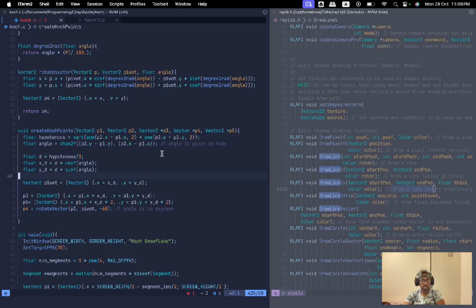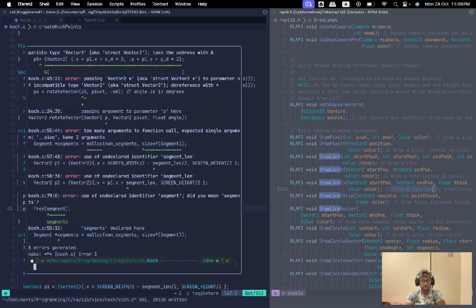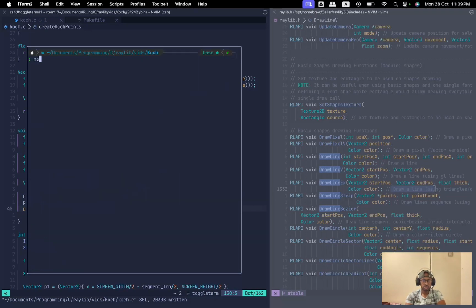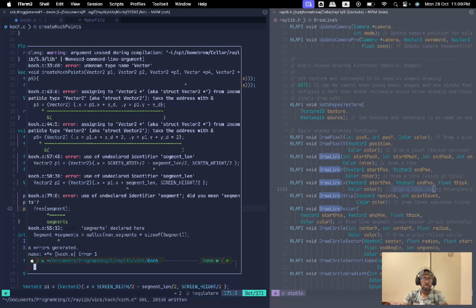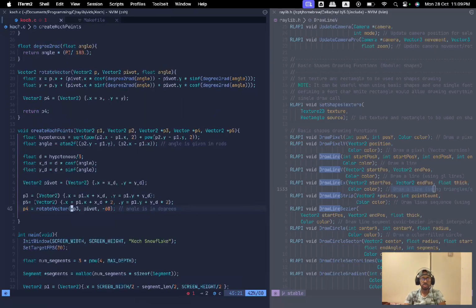This is a pointer, so I need to send the value like this. Okay, unknown vector 2 point, line 33. Oops.